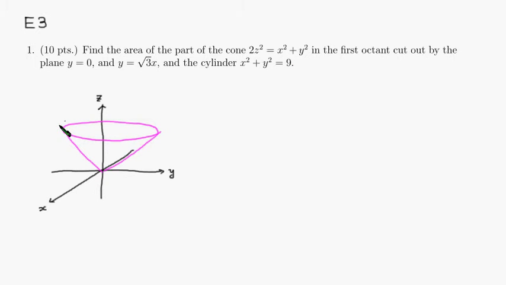You can visualize the cylinder maybe something like this, and the cylinder here, and here you have a circle, and the cylinder here, with radius 3. So that's going to be cut by a cylinder.